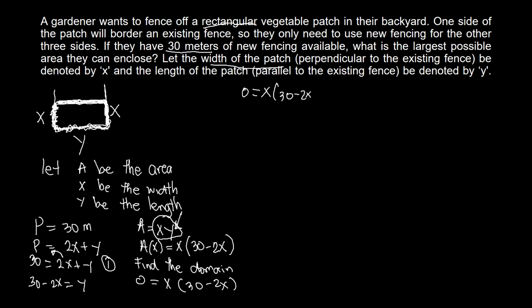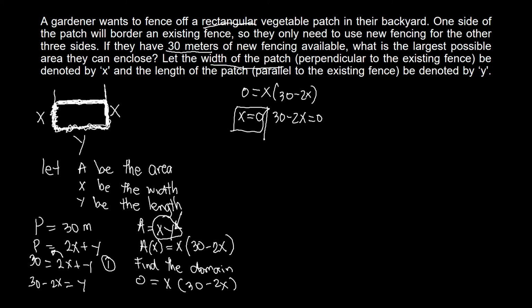Let me rewrite that: 0 equal to x times 30 minus 2x. From there, we can now solve for our domain. We equate each of the factors, starting off with x, equate that to 0. And then the next factor, 30 minus 2x, equate that one to 0. Then solve for x. For this one, it is already x equal to 0.